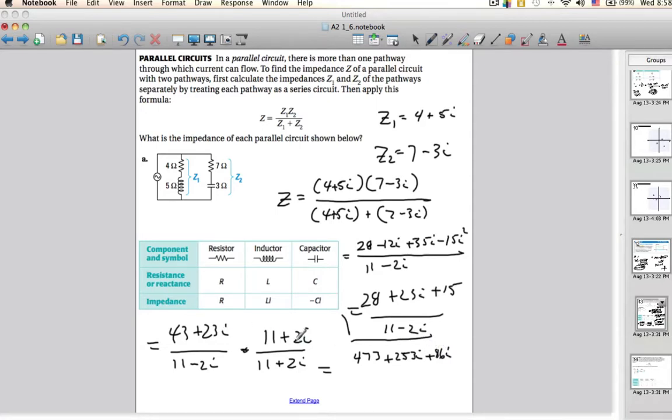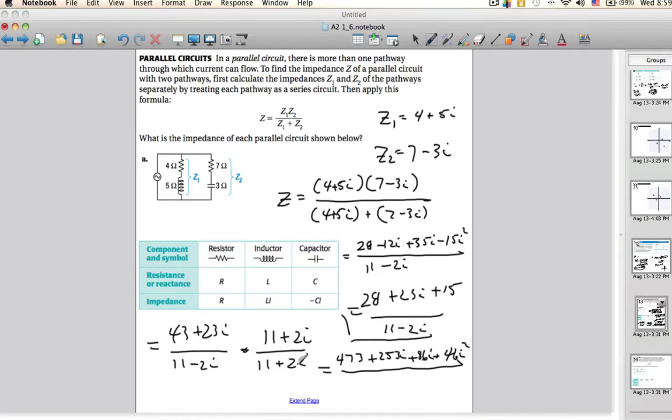And 23i times 2i is 46i squared. I'm running out of space, so sorry, that's a big mess. Let me move that over and write it so you can read that a little better. 46i squared.